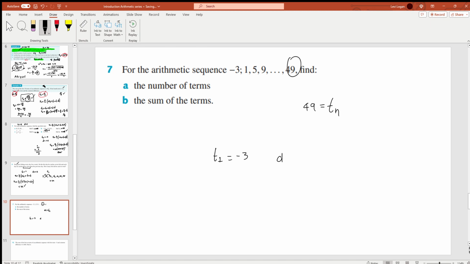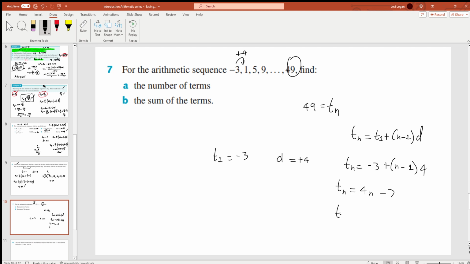The difference is going +4 each time, so the difference is +4. So T of n equals T of 1 plus n minus 1 times d. So T of n equals -3 plus n minus 1 times 4. So T of n equals 4n minus 7.